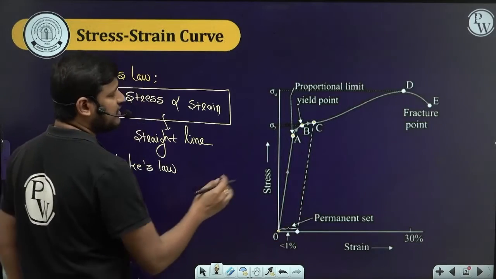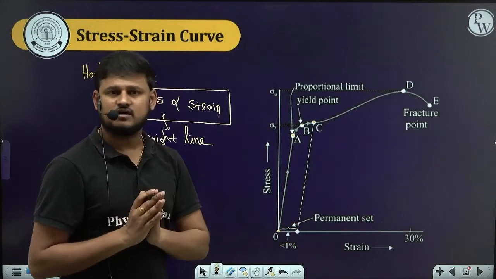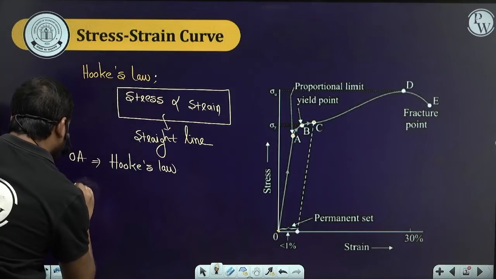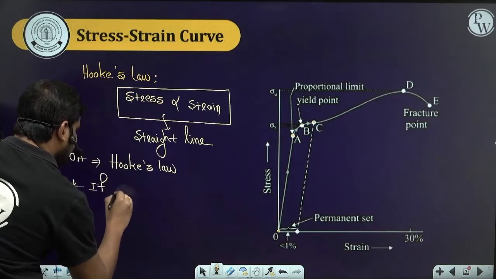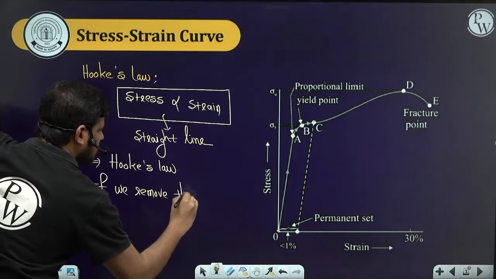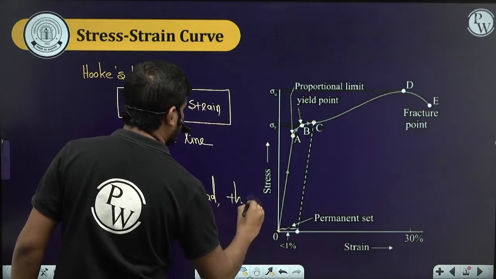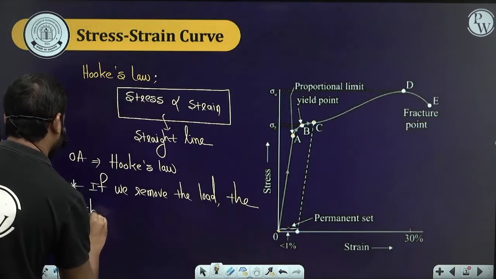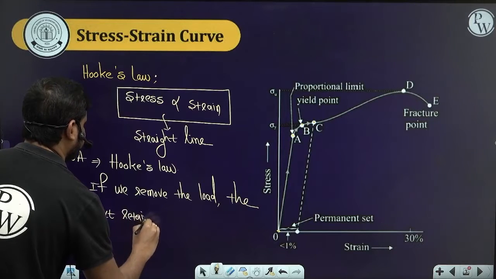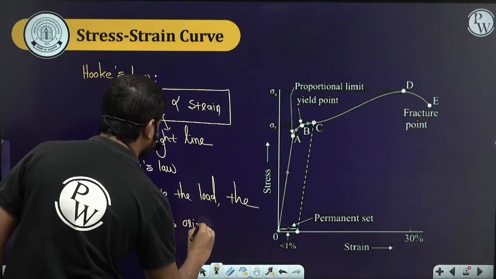Even if we remove the stress, the body will return to its original position. If we remove the load, the object retains its original configuration.